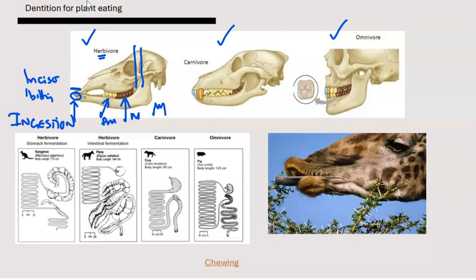Then there's a space here, which is called the diastema, the mid-gap diastema. The purpose of that is that as the herbivore has its head down, looking down and biting with its incisors and gathering the plant material in this pouch and gap area here, then it can raise its head and begin the chewing process.